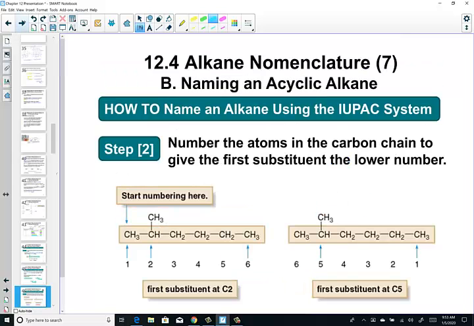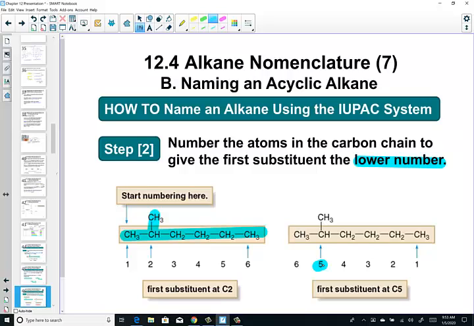Step 2, number the atoms in the carbon chain to give the first substituent the lowest number possible. So if I'm looking at a six carbon chain and I notice that there's a branch at carbon 2, it is correct to name that 2-methylhexane. It is incorrect to name it 5-methylhexane.